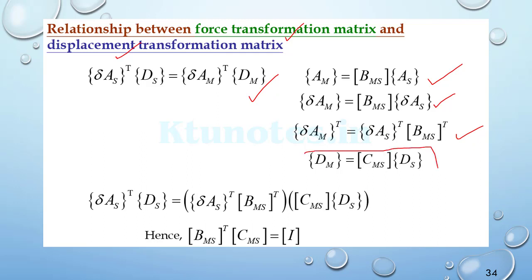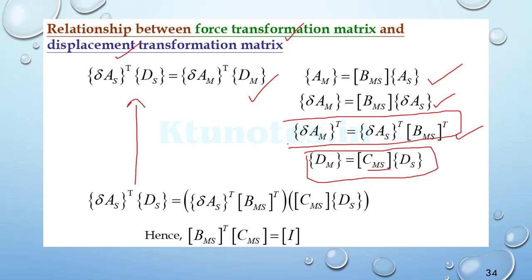Similarly, we know DM is equal to CMS into DS, which relates the member displacement matrix with the structure displacement. So delta AS transpose into DS is equal to delta AM transpose, we have derived like this, which relates the load transformation matrix. Delta AS transpose into BMS transpose into DM, which is equal to CMS into DS.